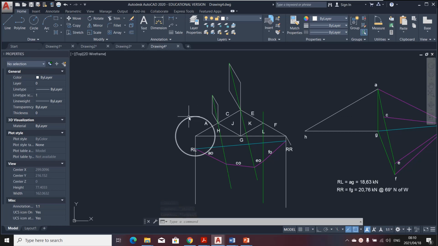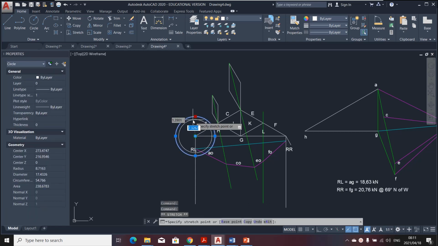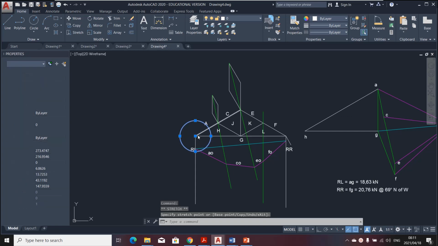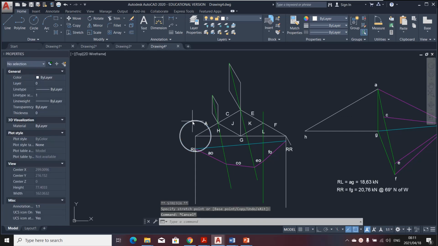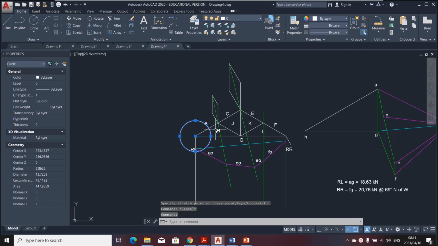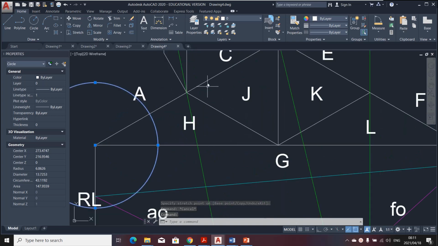Remember, the joint I'm going to focus on should have two unknown members. If I look at this joint here, it has 1, 2, 3, 4, 5 members, but of the 5 members, I only have GH. I don't have the rest of the members, so I can't use this one.